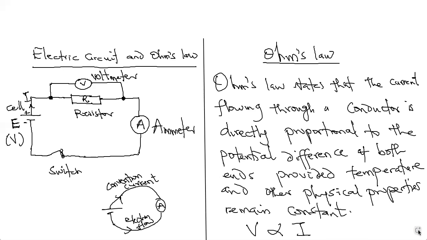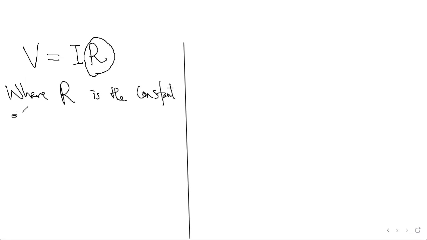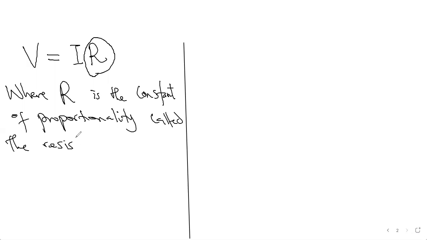Now, to get rid of the sign of proportionality, you introduce a constant. V will be equal to IR. So the constant of proportionality that we introduce is known as the resistance, where R is the constant of proportionality, called the resistance of the conductor.